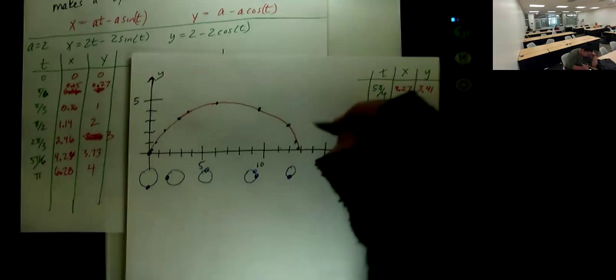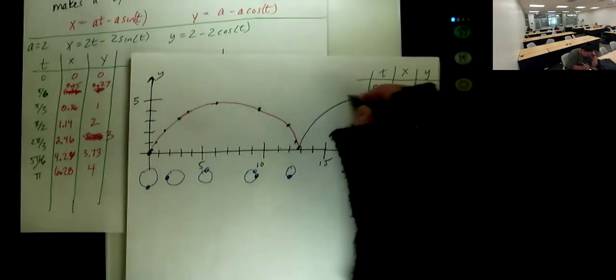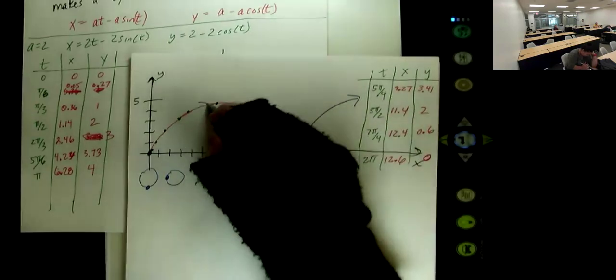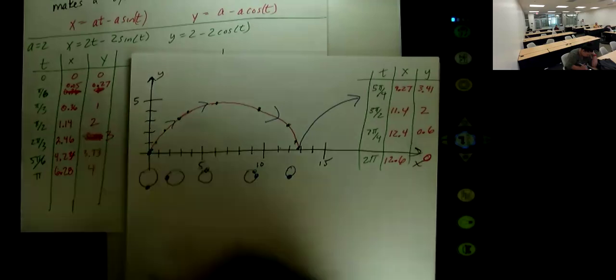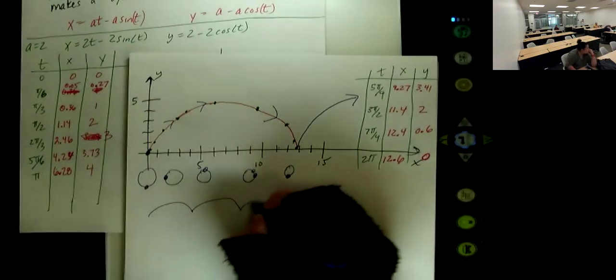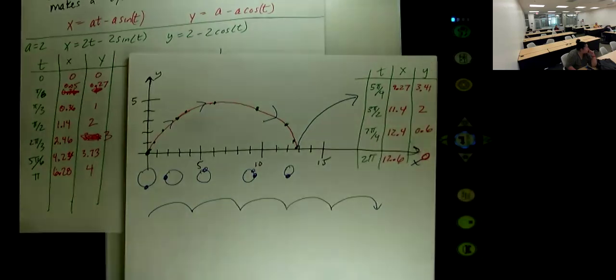And this repeats. It keeps doing this bouncy, bouncy, bouncy motion.